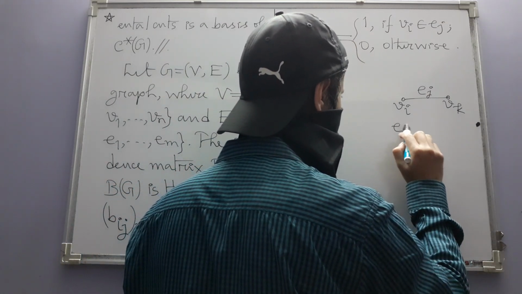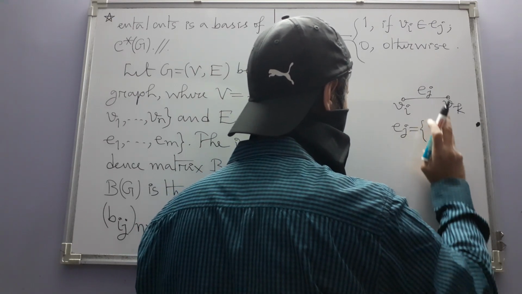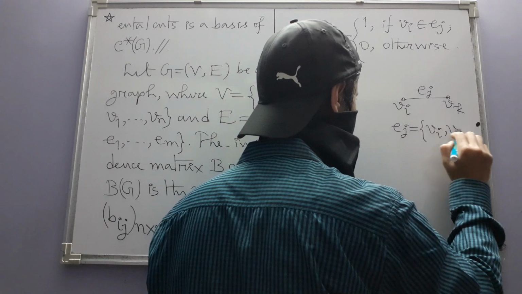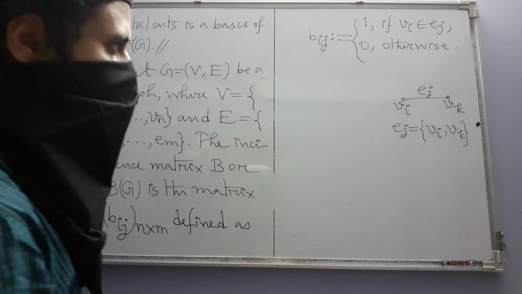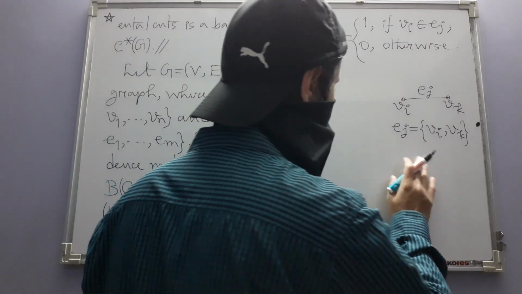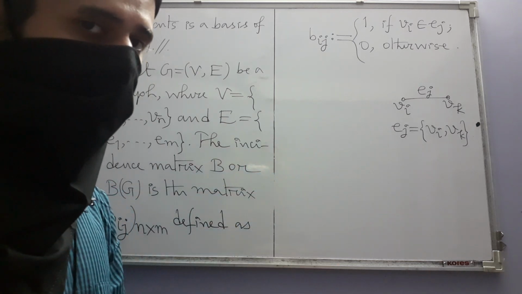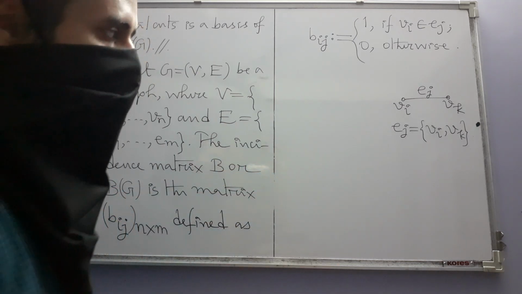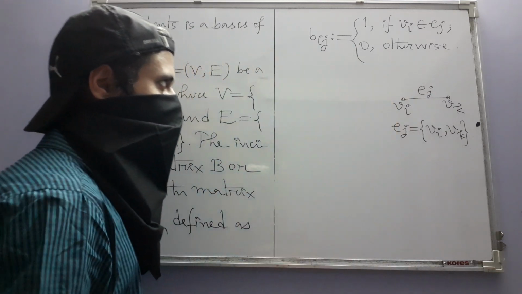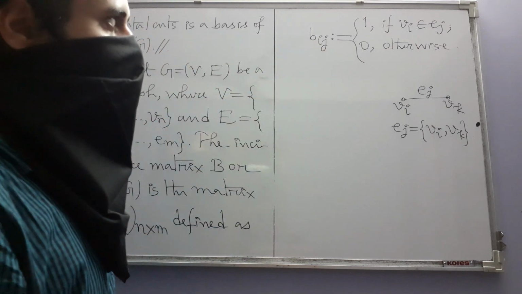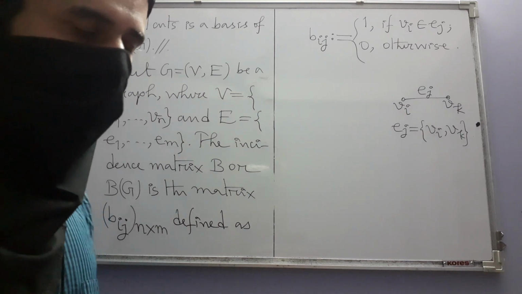So Ej, strictly speaking, is this set {Vi, Vk}. That's why we write Vi belonging to Ej. You remember, edges are defined to be two-element subsets of the set of vertices in any graph, and if this is not the case, that is, if Vi is not incident with Ej, then Bij is defined to be equal to 0. So that is the incidence matrix of a graph.